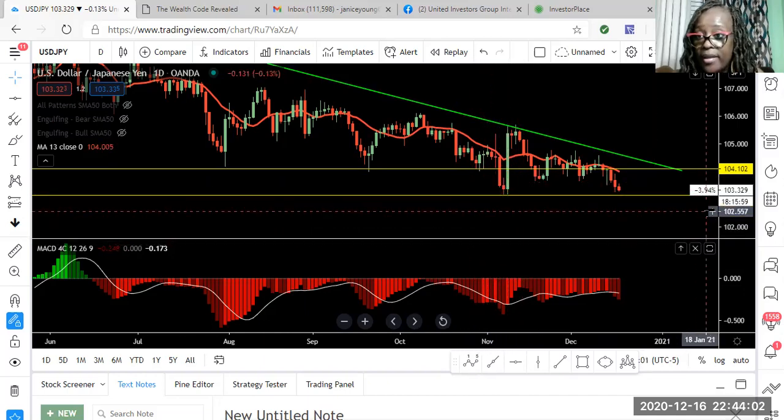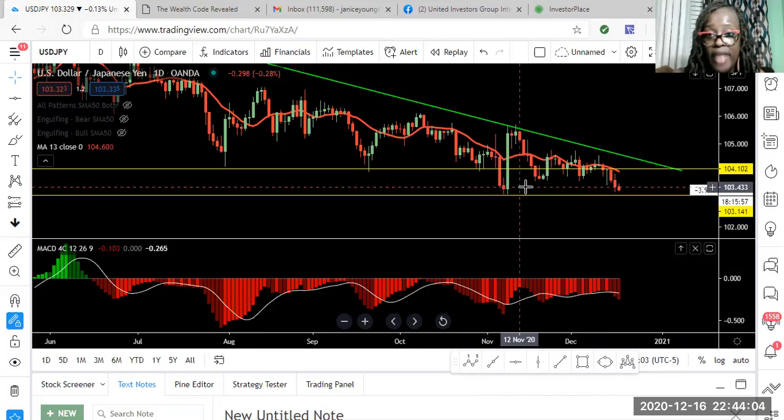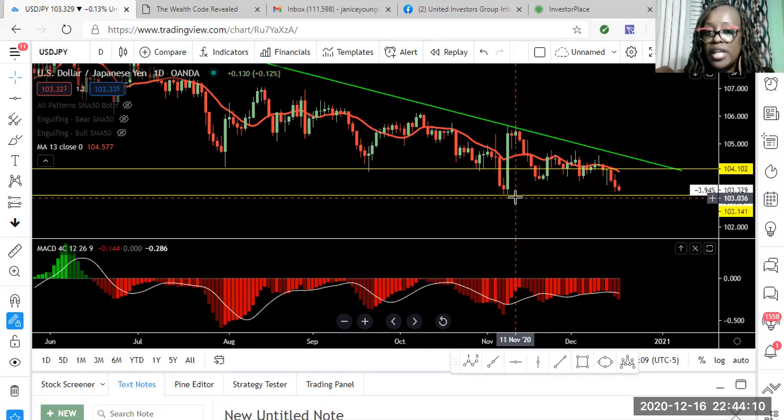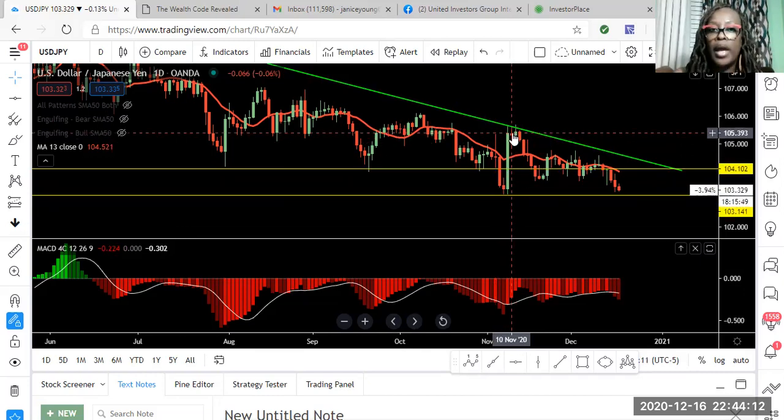What area is that? 103.141, that price point. Strong buyers came in and just pushed that market. When you see a strong, healthy engulfing candle, it's telling you that there was some force that came in at that price, at around that price area.